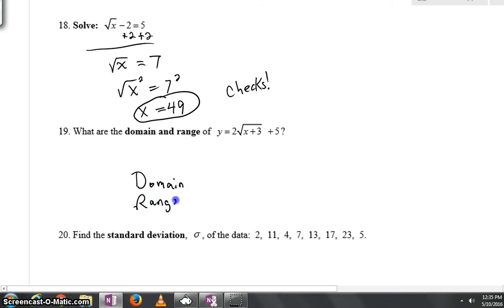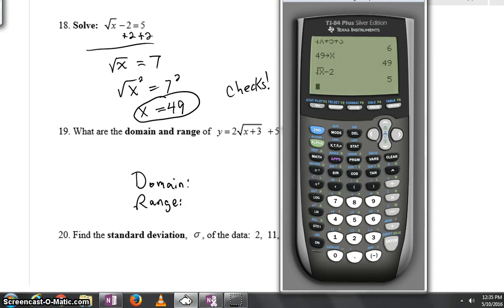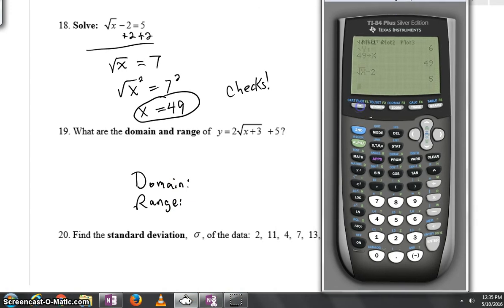And just to help you out, use your calculator all the same. We can go to y equals, type in a 2, and type square root of x plus 3, hit the right arrow, say plus 5, and you can definitely get a graph going here.